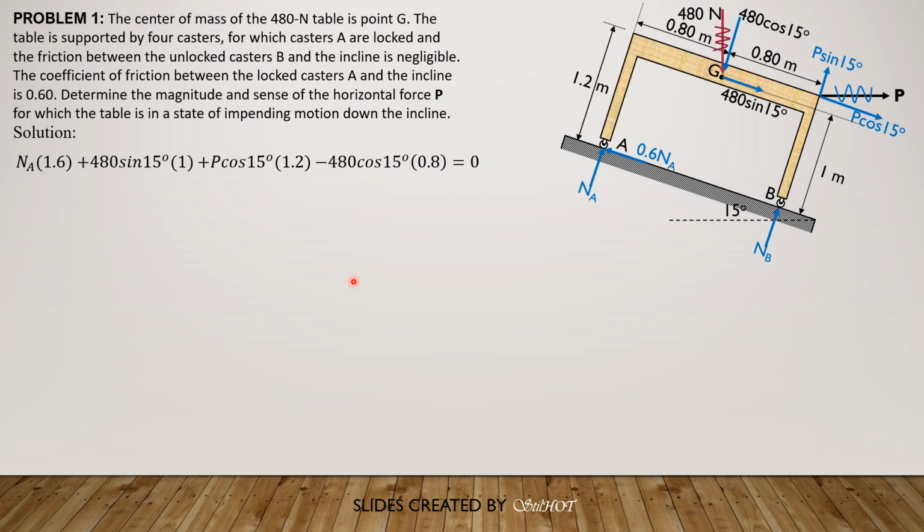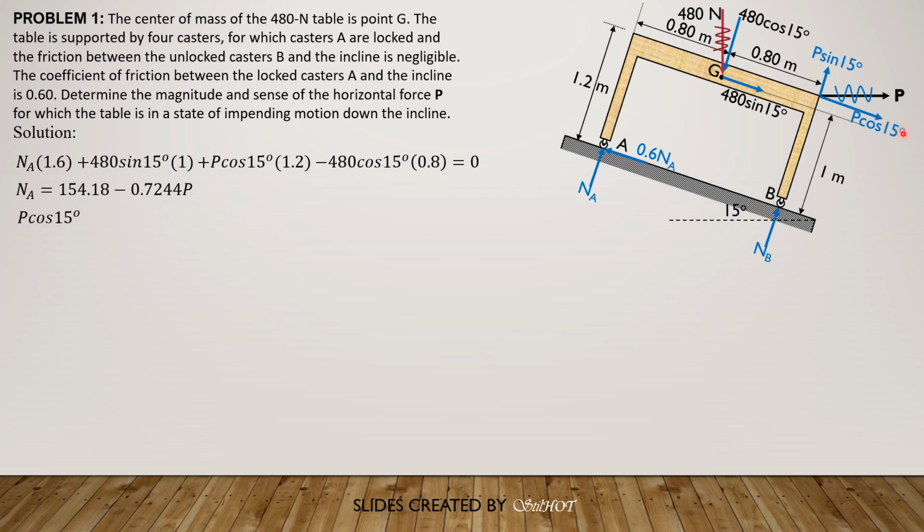So expressing NA in terms of P and constant, we have 154.18 minus 0.7244 of P. So since there's no chance for the table to tip about B because there's no resistance horizontally, we have to sum up forces along the incline equals 0.